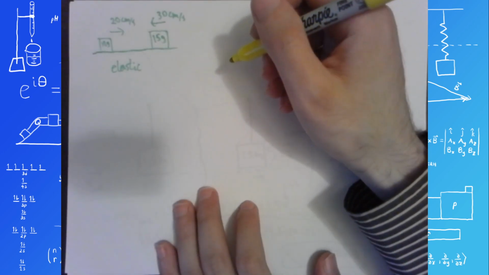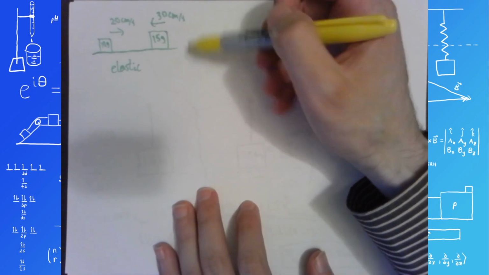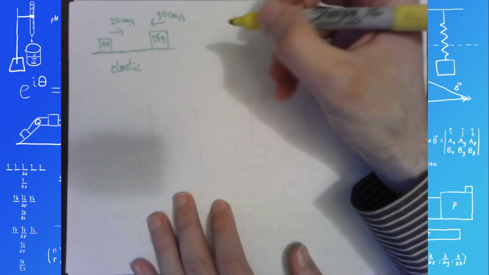Elastic collisions are collisions in which energy is conserved. Over here, there's no change in height, so we don't have to worry about potential energy. So the only energy to take into account is kinetic energy.